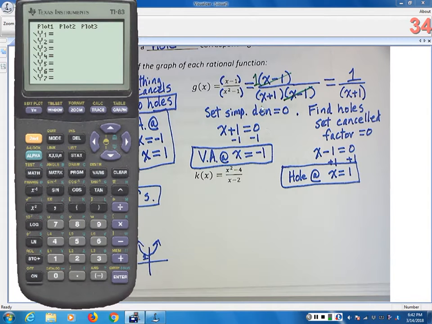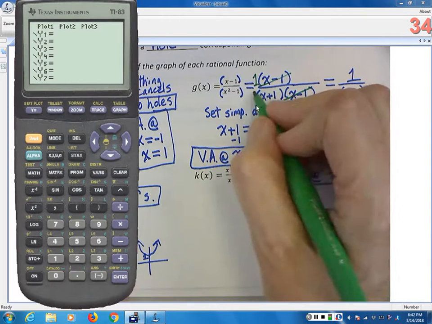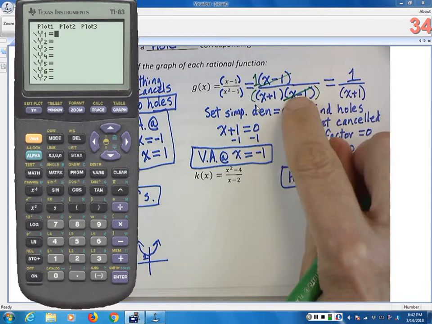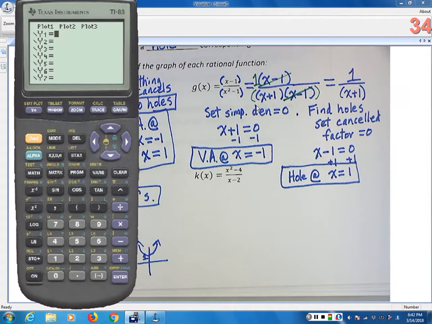And if you were to try to graph it in this form, you would have to put an extra set of parentheses around the whole denominator. Otherwise, it would think this is in the numerator. But we're just going to graph it from here: parenthesis, x minus 1, close the parenthesis, divided by parenthesis, x squared minus 1. All right, and we're going to hit zoom 6 for standard. See what that looks like.